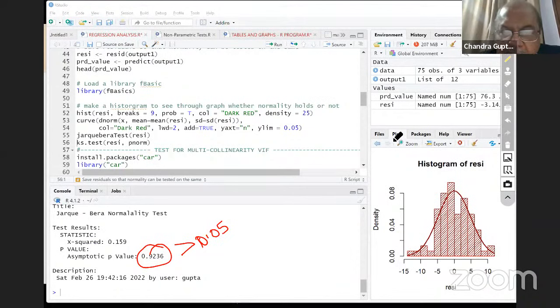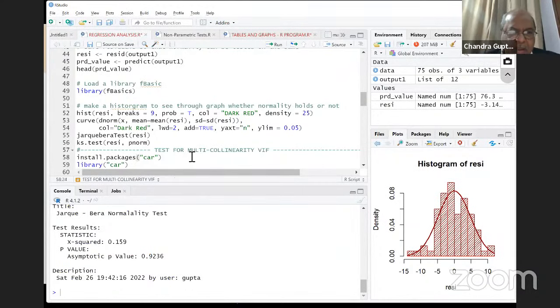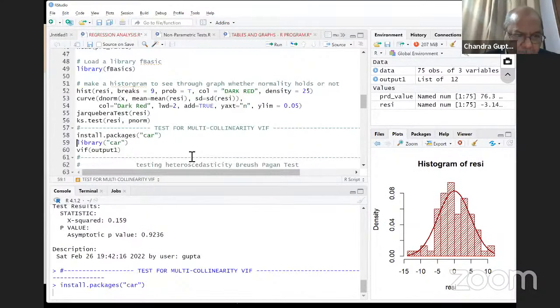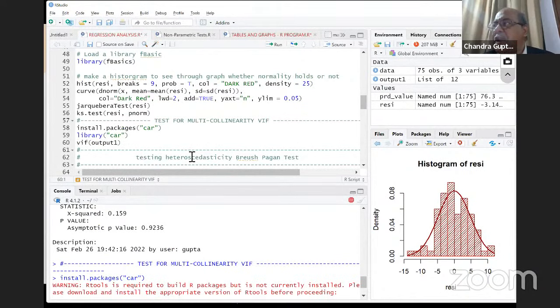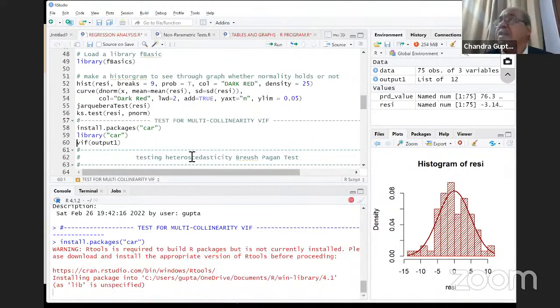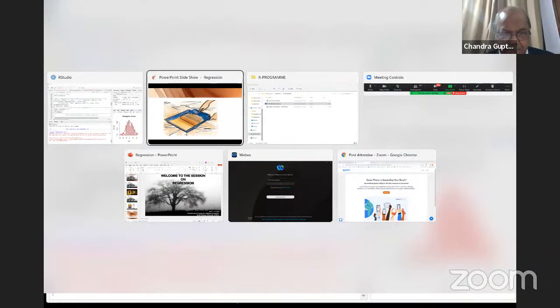Okay. Let me take another example. And I'm installing a package, car library. This car package helps me in identifying VIF. VIF is used for what? Anyone? Variance inflation factor.